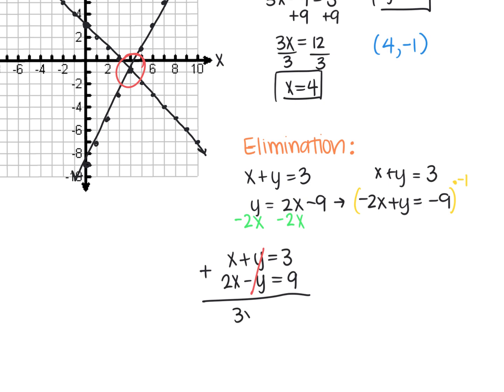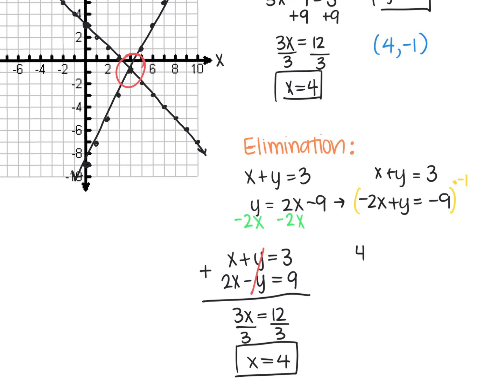So I'm left with 3x equals 12. We divide by 3, and we get x equals 4, which again matches up with what we got when we did substitution and when we did graphing. Now I'm going to plug that into one of my original two equations to solve for y. Since I already plugged into the second equation for substitution, I'm going to show you how you can plug it into the first equation.